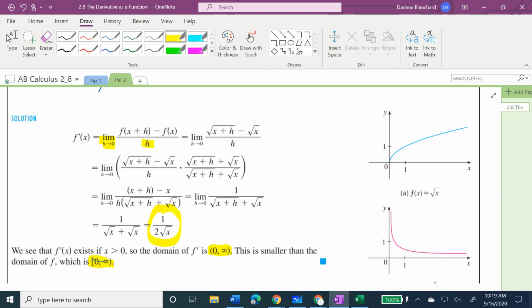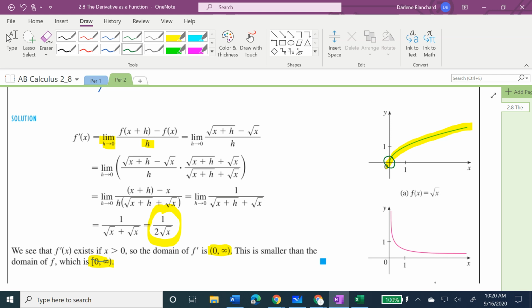Now, you should note that the graph of root x is half a parabola. So can somebody tell me, if that's half a parabola, how steep is the tangent line to the point plotted at the origin? It is infinity, because at the vertex of a full parabola that's opened upward, slope is 0, and this slope is vertical.